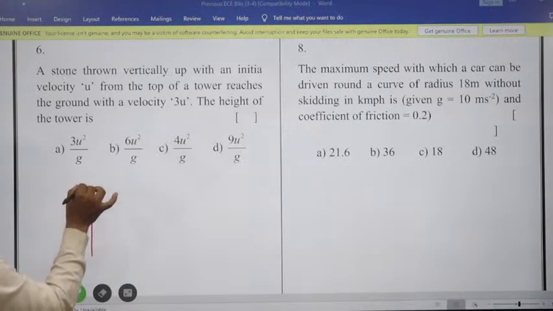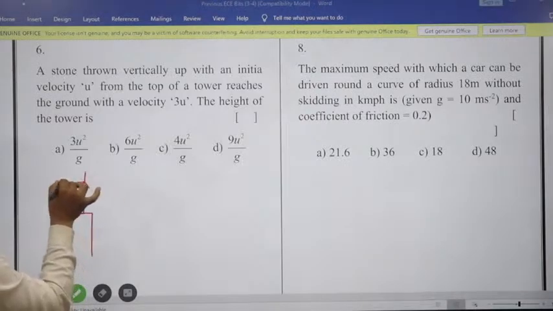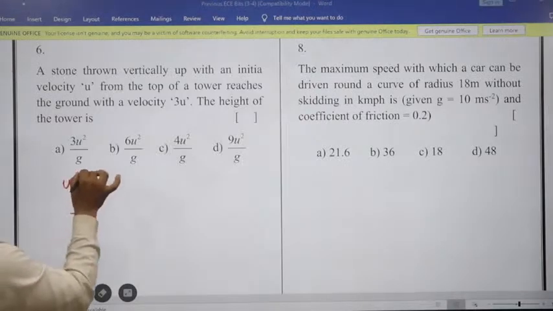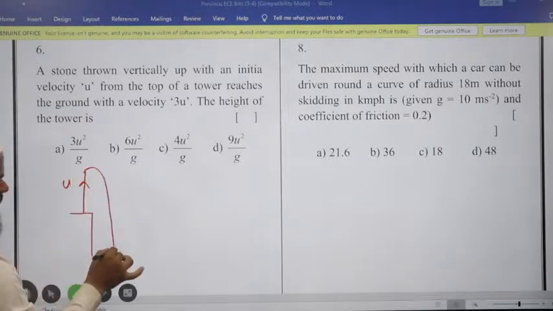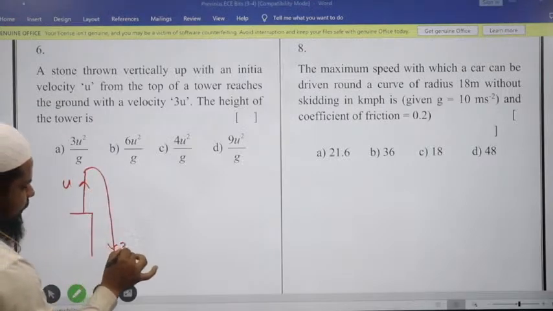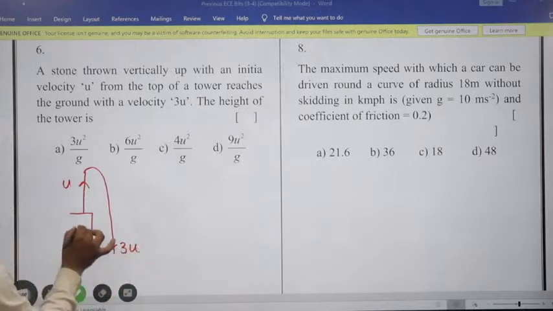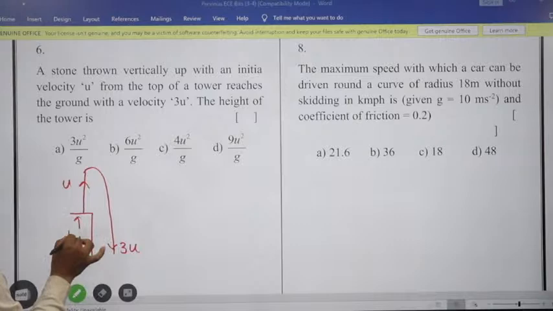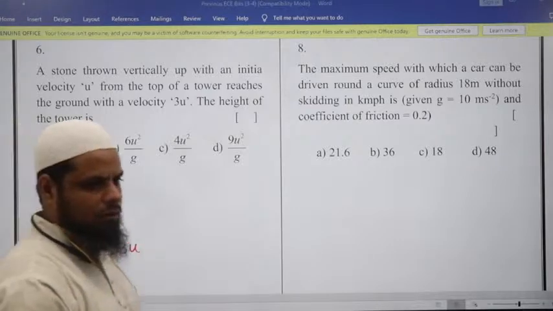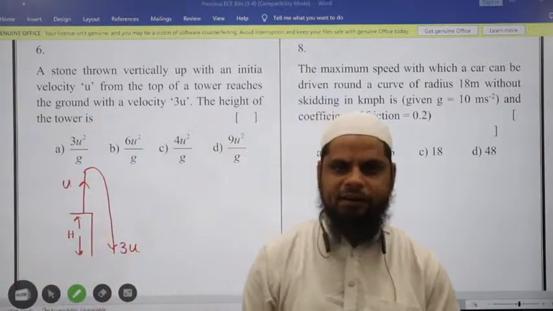From this I throw a body with initial velocity u. It reaches the ground with a velocity of 3u. Then what is the height of the tower?